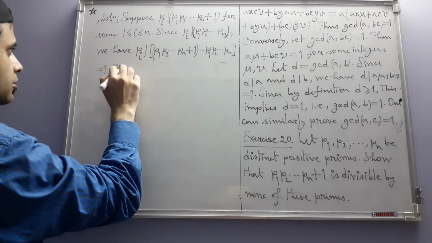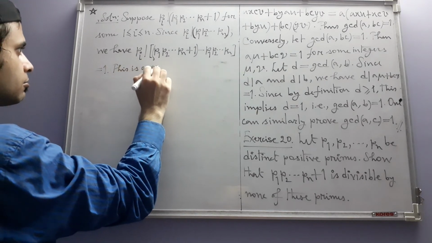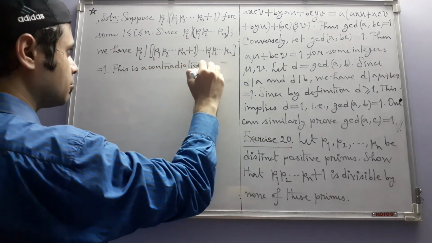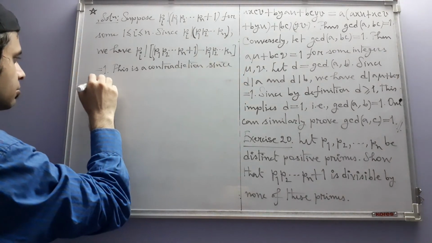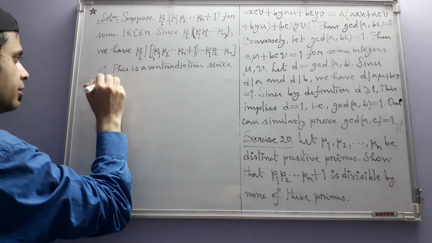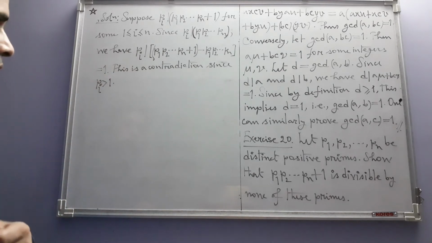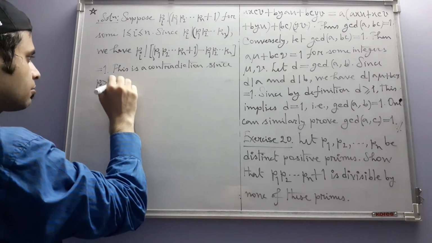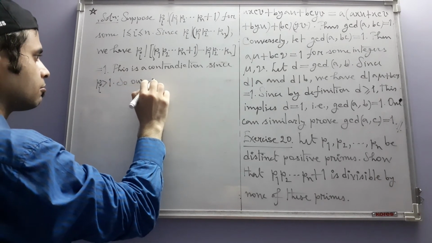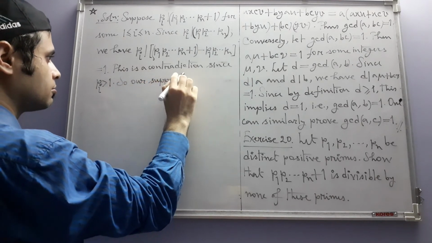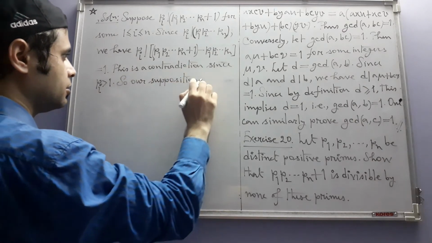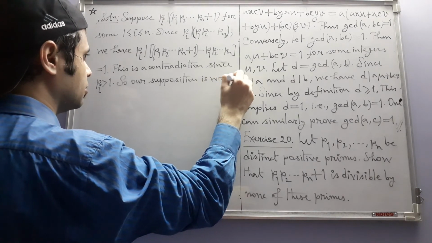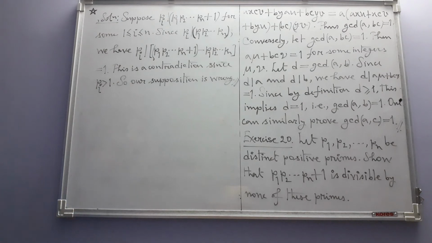This is a contradiction. Since pi is greater than 1, every prime is greater than 1, so it cannot divide 1. So our supposition is wrong. That is, none of the given primes can divide the given integer.